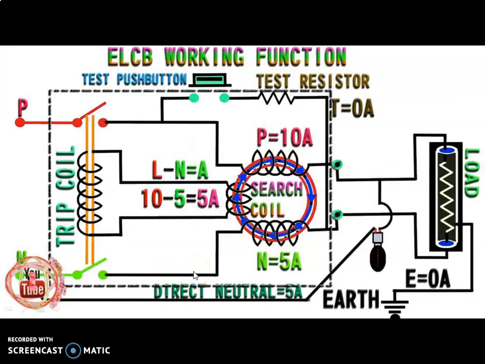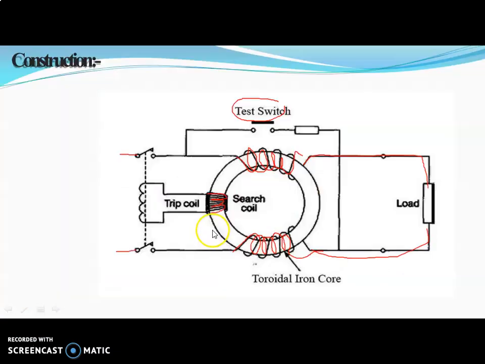Now see the working of the ELCB. The number of turns of the primary and the secondary coils are exactly the same. When the load is connected and this switch is open, what will happen? Current starts flowing through the primary coil.